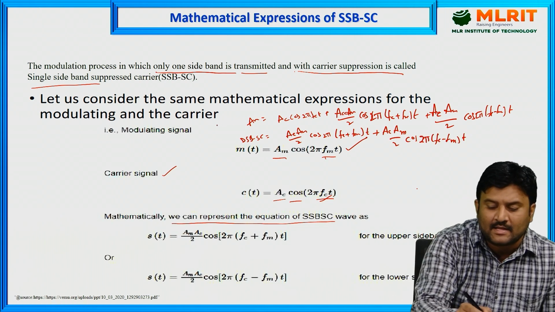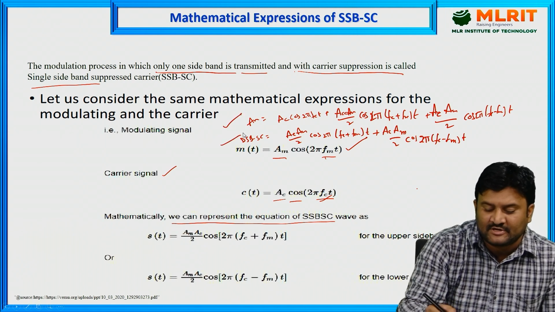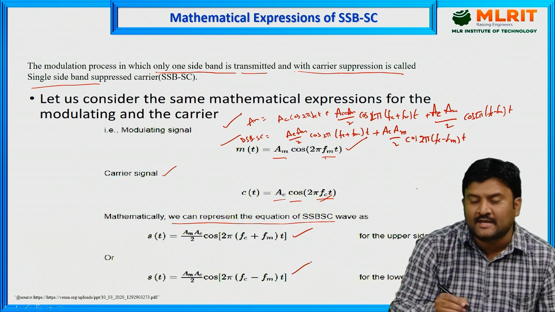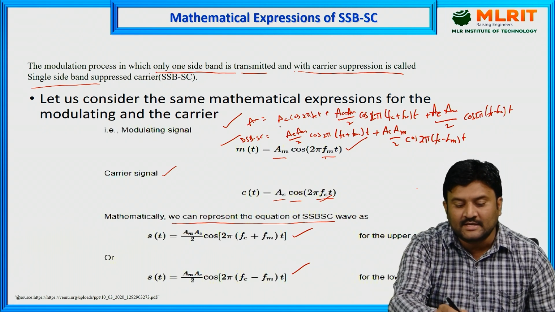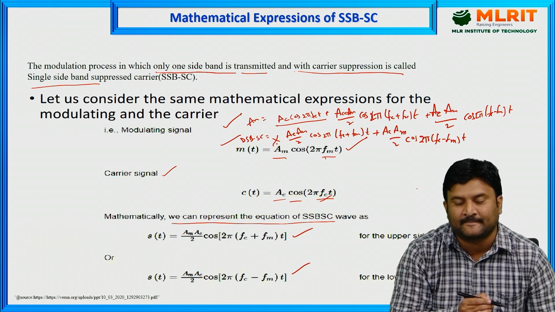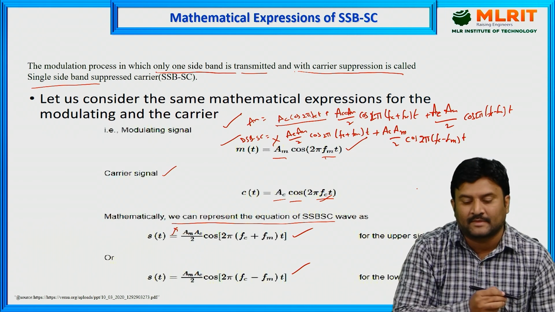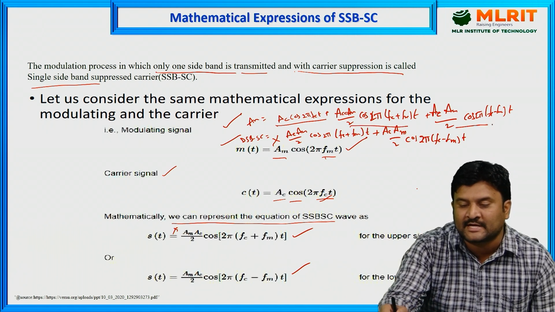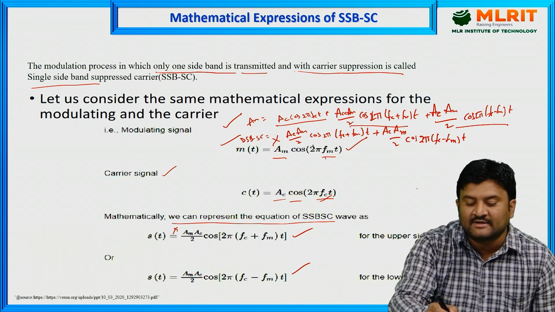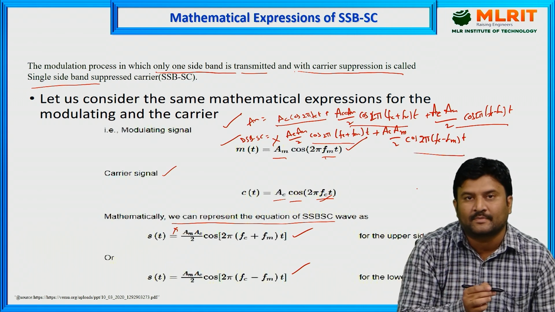Just compare the AM equation and DSB-SC equation with SSB, either upper sideband or lower sideband information. Observe here, in AM there is the term Ac cos 2 pi fc t, but in DSB-SC there is no Ac cos 2 pi fc t, and in SSB-SC there is no Ac cos 2 pi fc t. In the case of AM, upper sideband and lower sideband information are there. In DSB-SC, upper sideband and lower sideband information are also there.